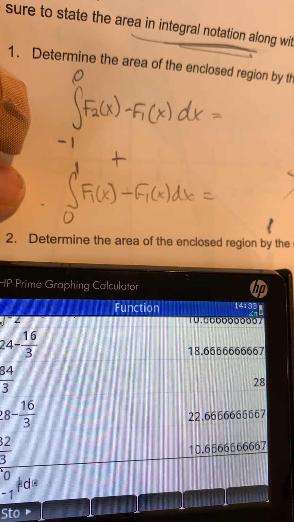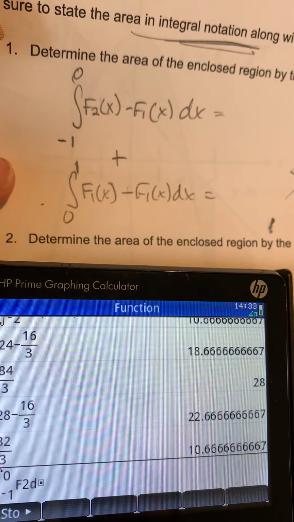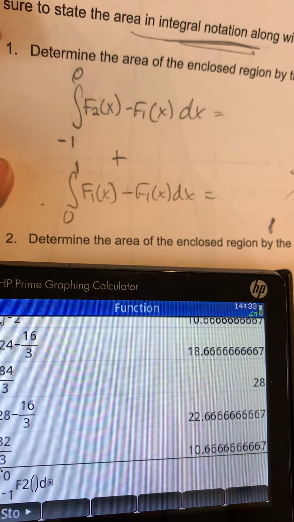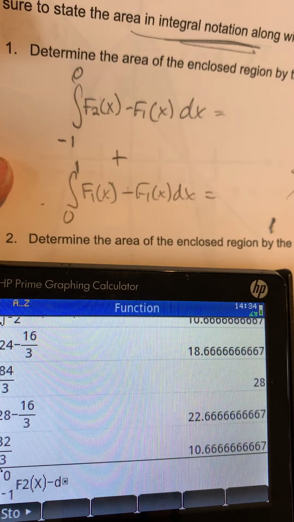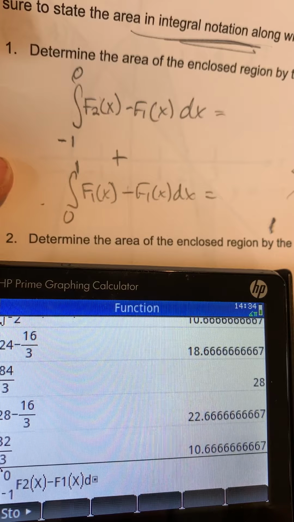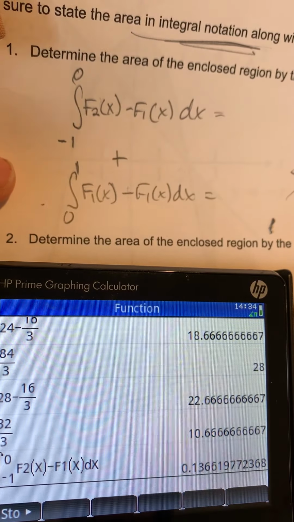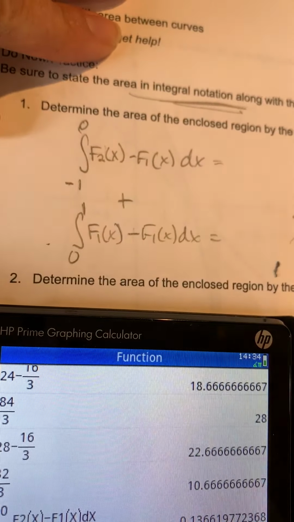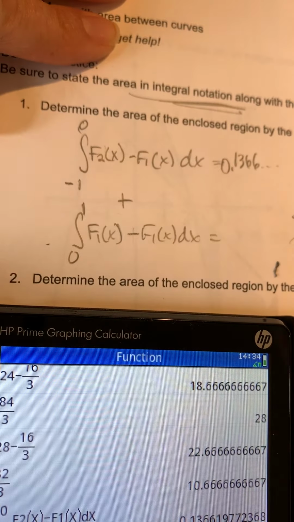And then that is alpha F2 of x minus alpha F1 of x, and then that's dx. Enter. And that is 0.1366, and so on.